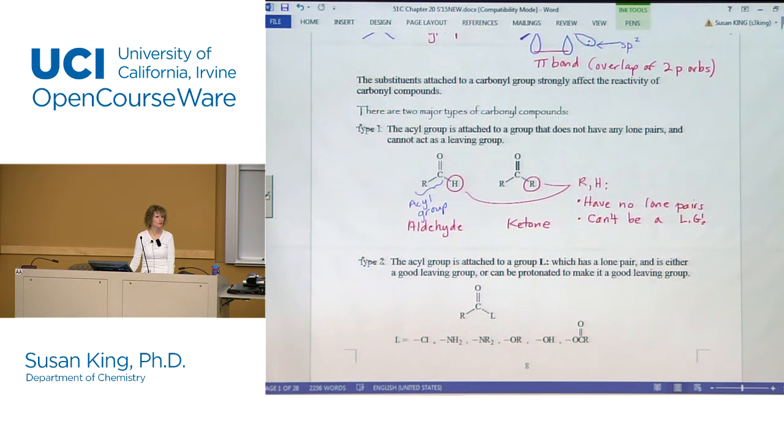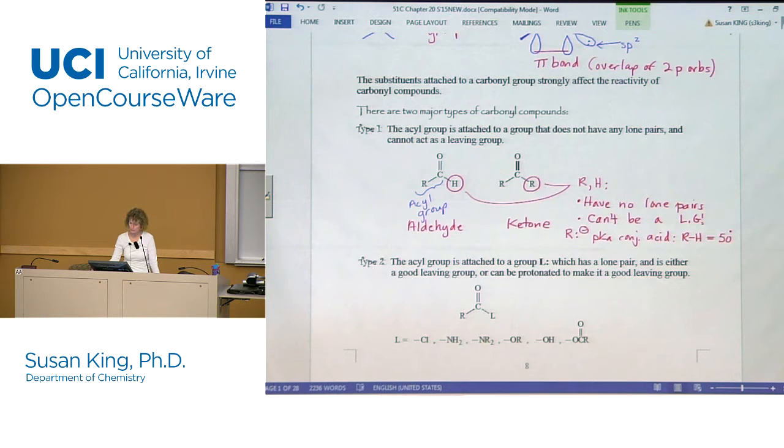How do we know if something's a good leaving group or not? Remember that from chapter 7? What's a good leaving group? Weak base, okay? So it can't be a good leaving group, so these must be strong bases. So let's look. If R left, it would be R minus, which would have a conjugate acid. That's how we're going to judge basicity. The conjugate acid is RH, and it has a pKa of 50. Horrible, horrible leaving group.